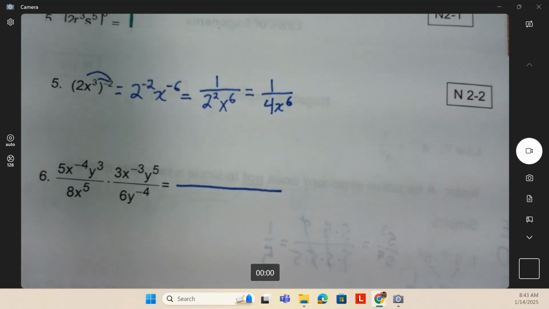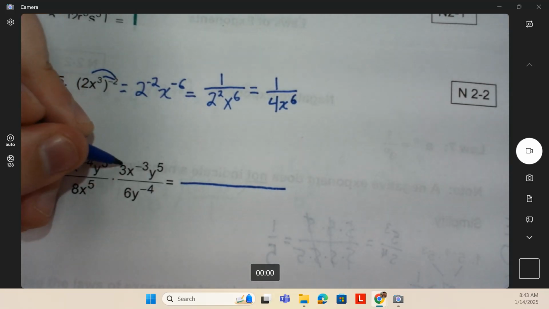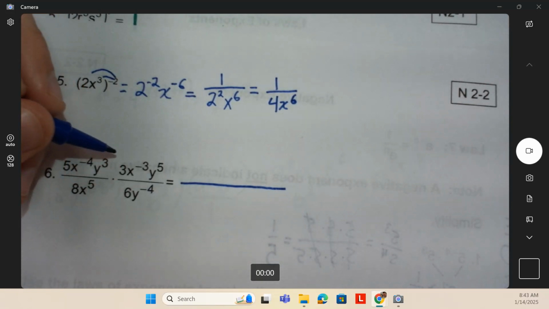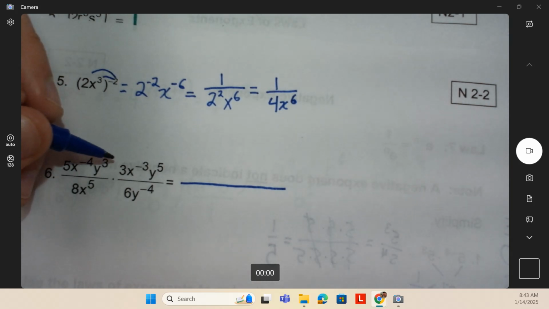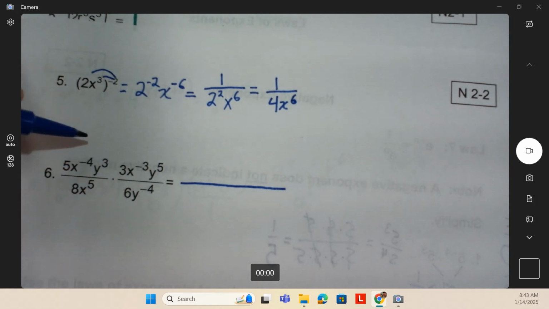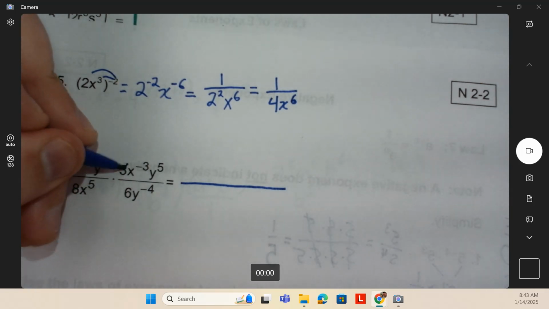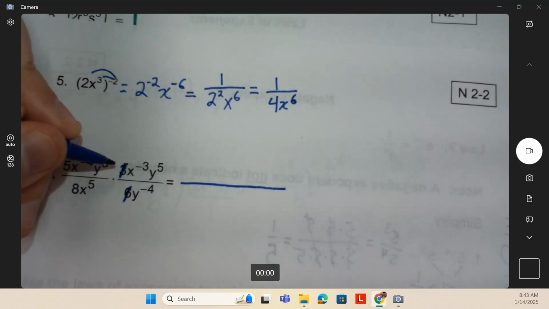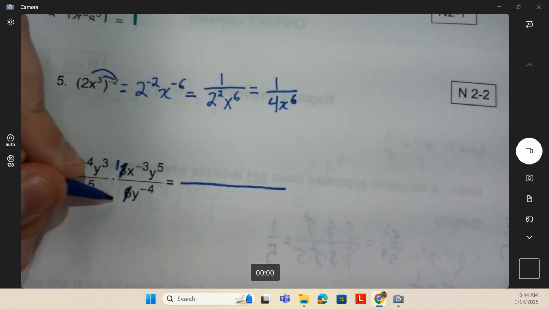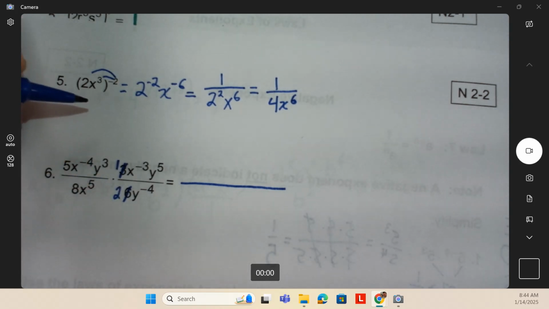So first, I'm going to see if there's anything that'll simplify on here. 3 and 6, for instance, I know those numbers will simplify because they can divide, and I just get a 1 and a 2.